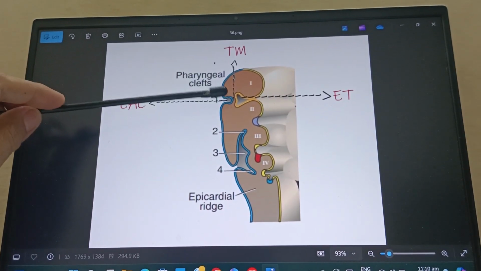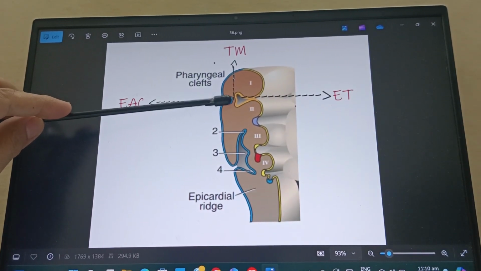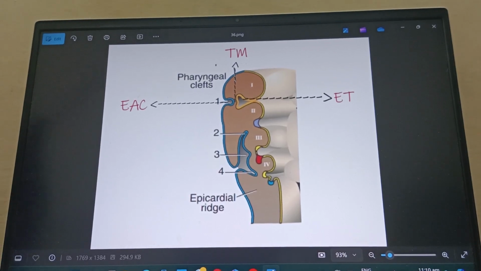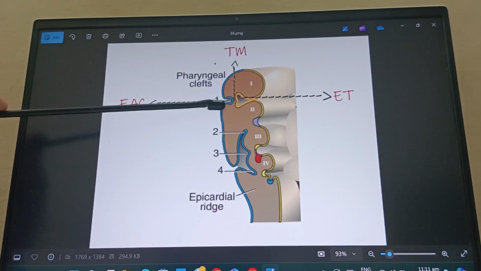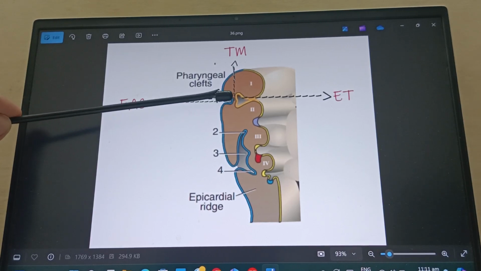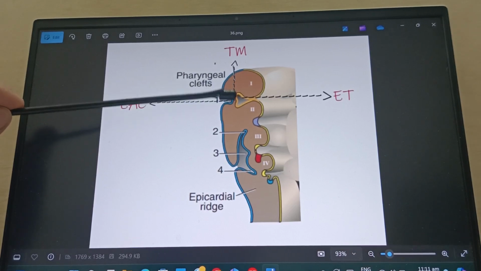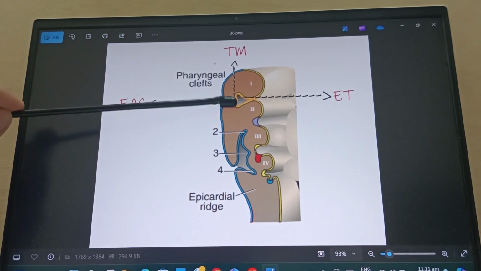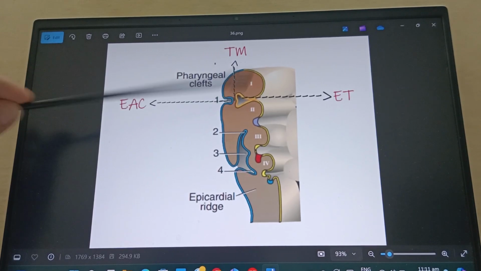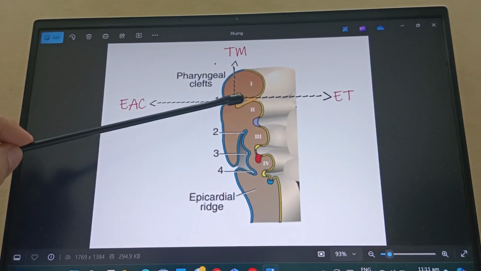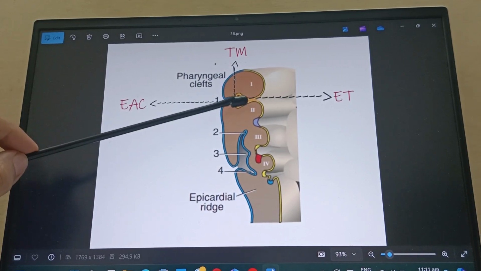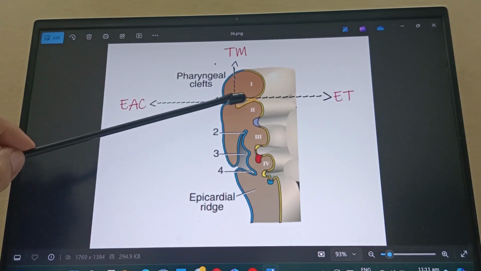Now concentrate that this pharyngeal cleft, the portion of the external acoustic meatus, its epithelium will take part in the formation of the outer cutaneous layer of the tympanic membrane, which is being formed by the first pharyngeal membrane. From the lateral aspect, the ectoderm is taking part, and from the medial aspect, the innermost mucosal layer of the tympanic membrane is contributed by the first pharyngeal pouch, right?